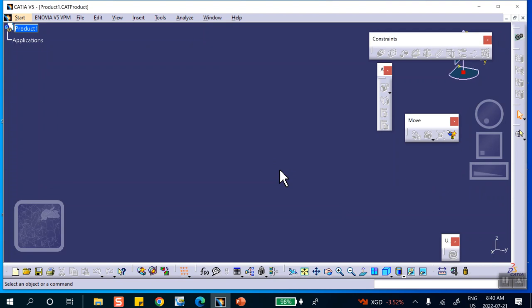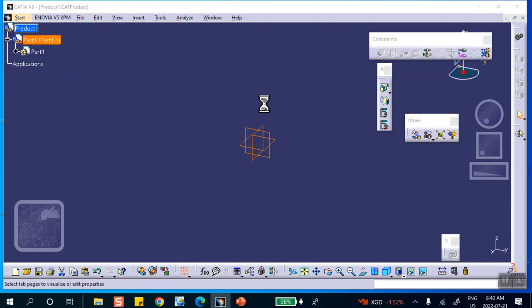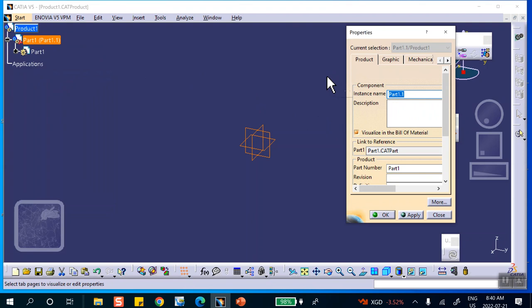I'm going to make a track 11 inches long, just so that I have an idea how these things are as far as the size goes. So insert a new part in there, and I'm going to call this thing track. Right-click properties, track, and track. And I hope you realize by this time why I'm fussy about giving instance names.